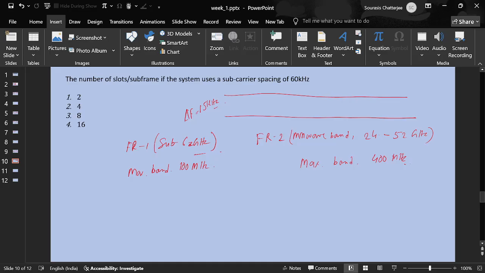Yes, but also delay spread will be less when you go to higher frequencies. So even with a shorter CP, you can live with it, right? Yeah, so they kind of align. That's what you are pointing out, right? Yes. Good.